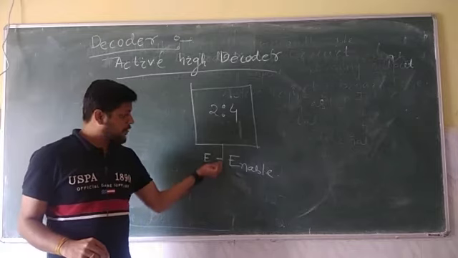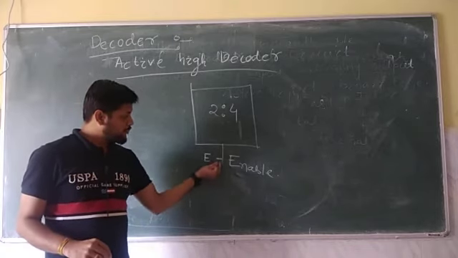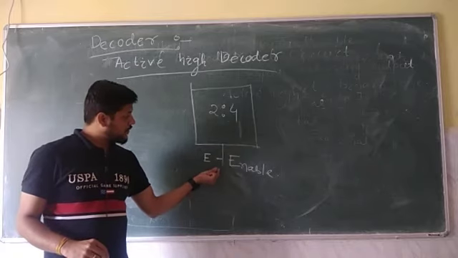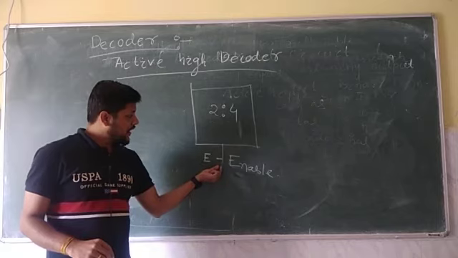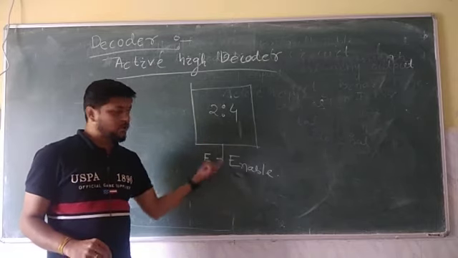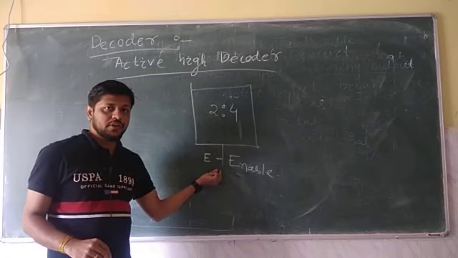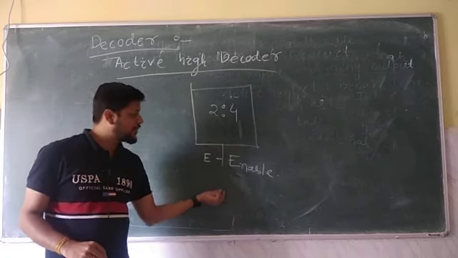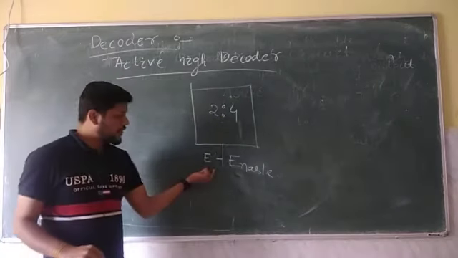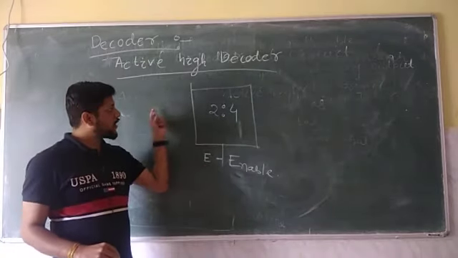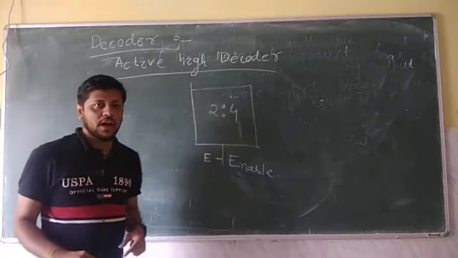You have to apply some trigger signal or clock signal or some voltage here so that this circuit will work. For example, in active high we apply digital 1, meaning 5 volt, so that this IC will work. If this E value is 0, then whatever input is connected will not produce any output.